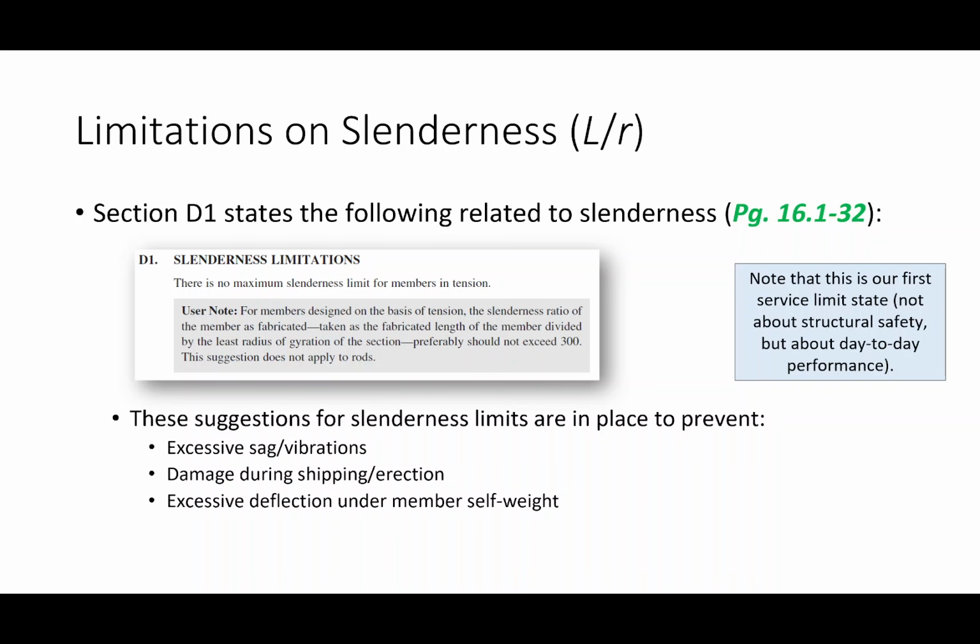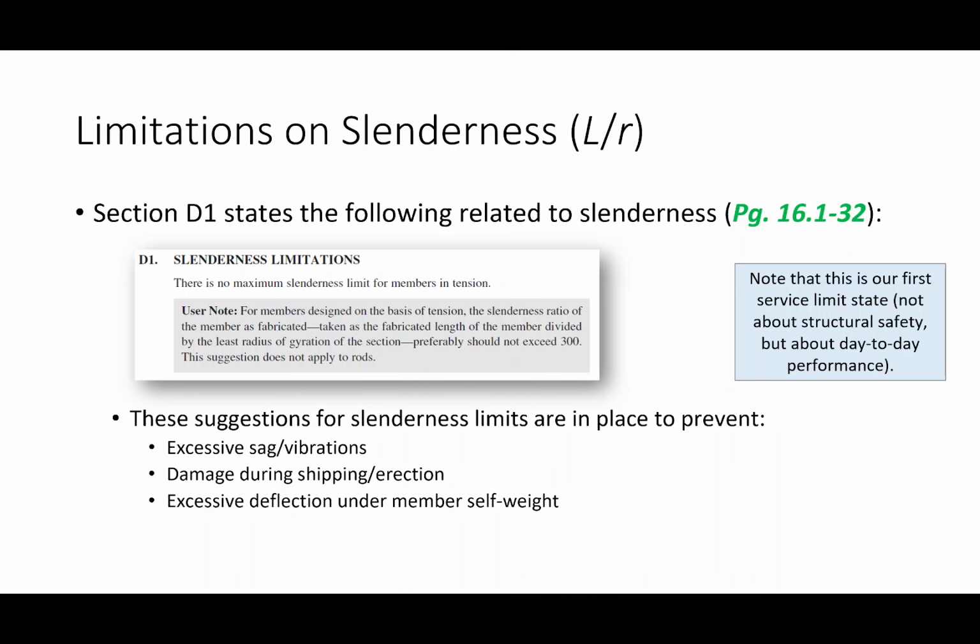If you read the spec, what does the spec say right here? There is no slenderness limit. And technically that's true. However, I read the user's note here, and I want to talk a little bit about that.